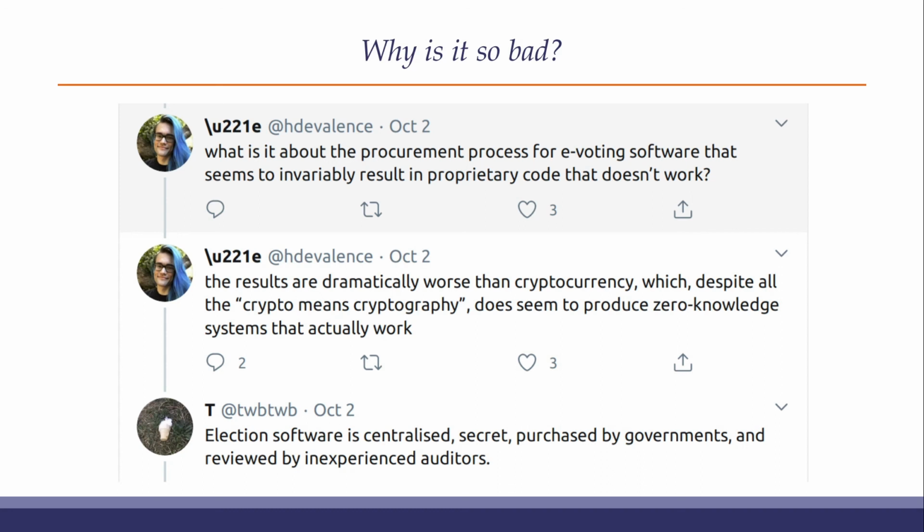And I think that the comparison with cryptocurrency is actually really interesting, because if someone figures out how to violate the security assumptions of a cryptocurrency, they typically use it to steal money, and people typically notice.